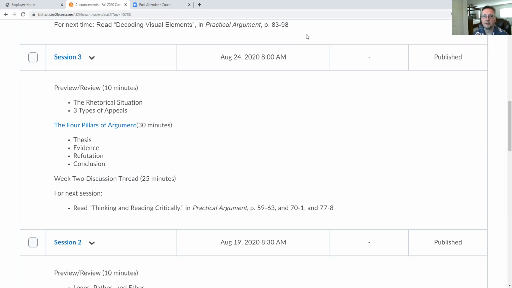And the thesis statement, as we described last time, is just a way to signal to your audience and explain to them what the point or purpose of your writing is. Now, once you've developed your thesis statement, you have to support that thesis statement with specific evidence.